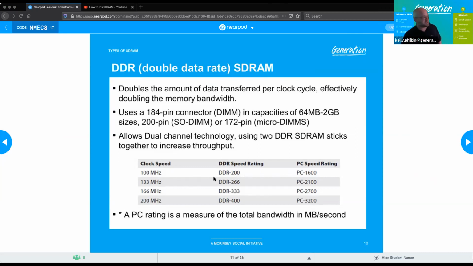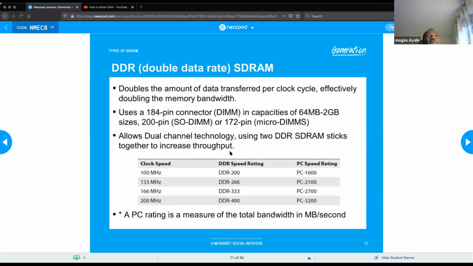DDR, double data rate, means twice the clock speed. So double the clock speed, which is 100, gives you your DDR rating. If it was 4 times the clock speed and you had 100 megahertz, this would be 400. Then you take this number and multiply it by 8, and that is how you get your PC rating.